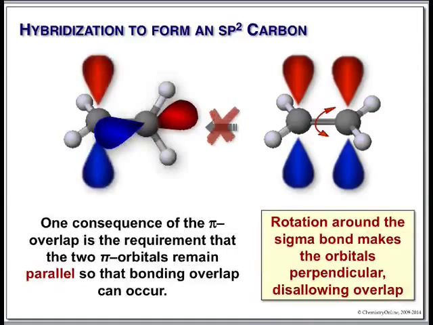When we go from this orientation, which is an energy minimum, to this orientation, which would be an energy maximum, we have to put a lot of energy in the system to do it. Because of that, we do not have free rotation around a carbon-carbon double bond.